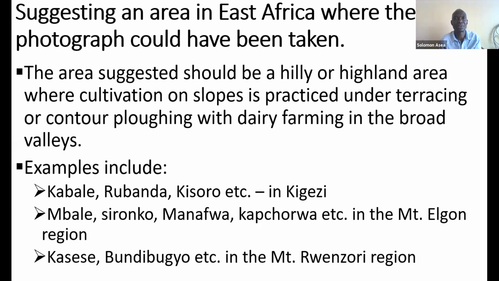You have to consider the secondary factors, but otherwise the evidence here includes the hill or highland area, where there is also cultivation and terracing.